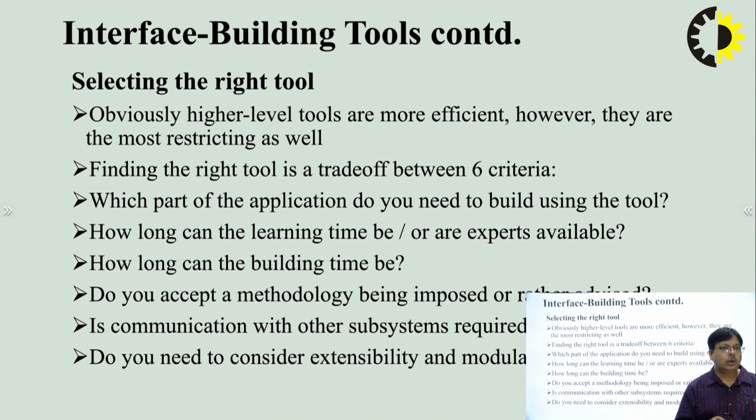Finding the right tool is a trade-off between 6 criteria, right? So we have to identify our need with these trade-offs. What we need and what we can sacrifice, that we have to decide.